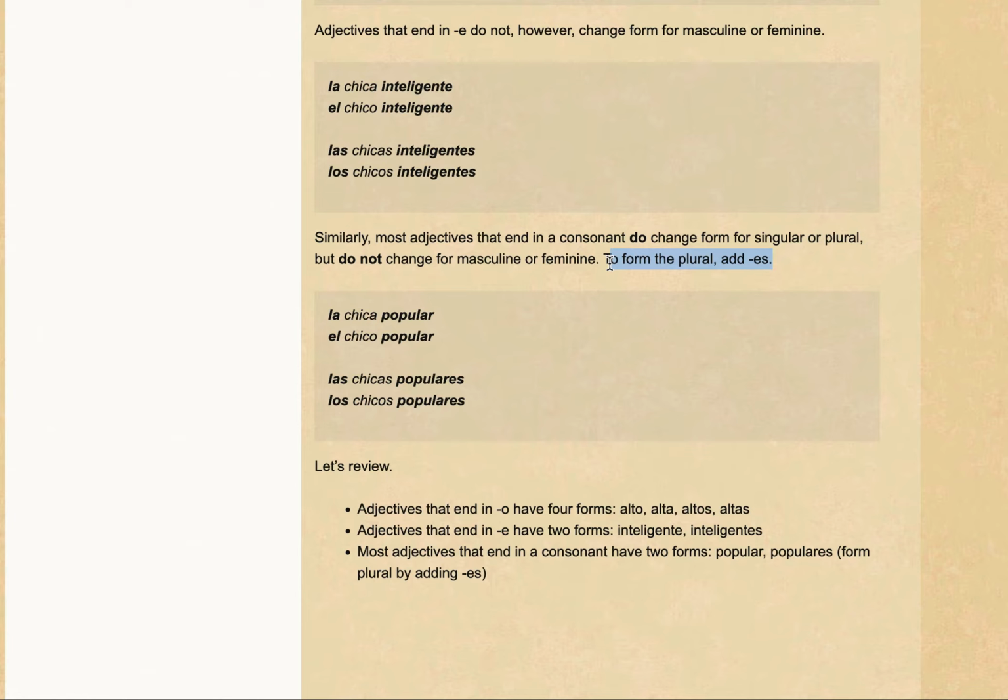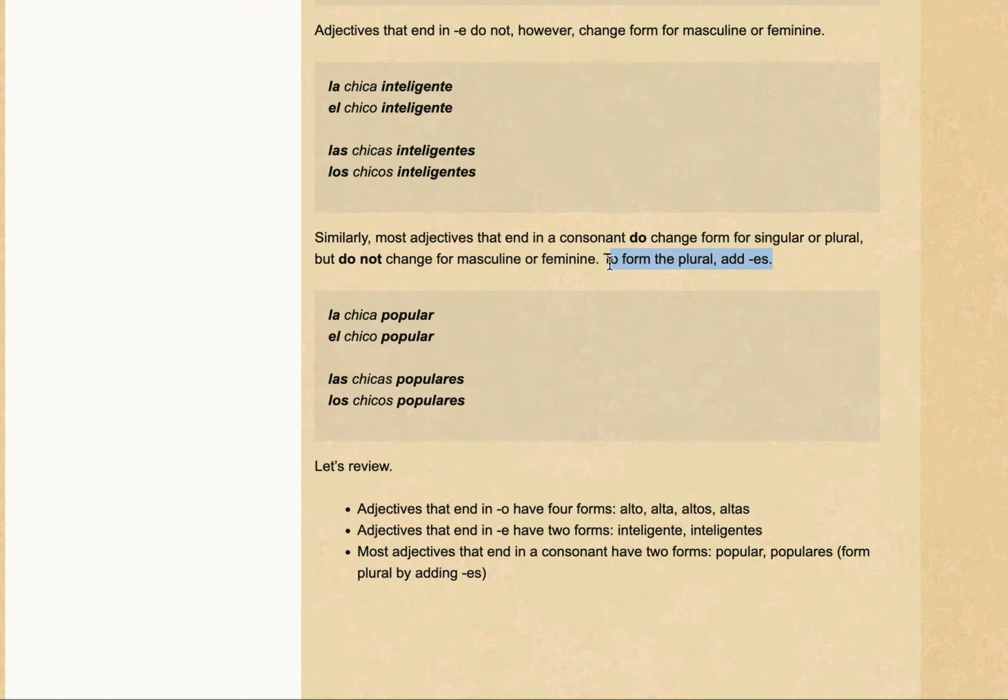But in this case, in order to transform to the plural form, we add an es. So we're talking about adjectives that end in a consonant. To form the plural, add es.